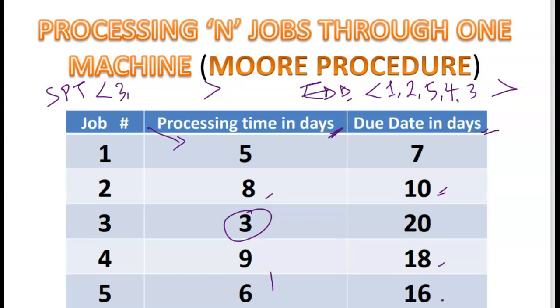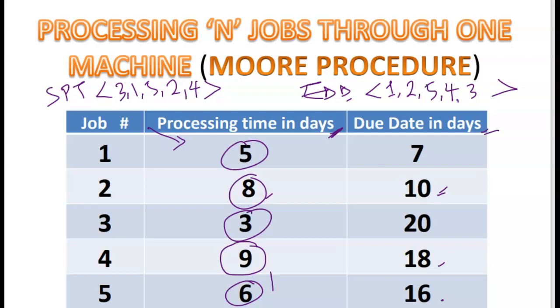We do job 1, which takes 5 days. Then job 5, which takes 6 days, followed by job 2, which takes 8 days. The last job in this sequence is job 4, which takes 9 days. That is using SPT.